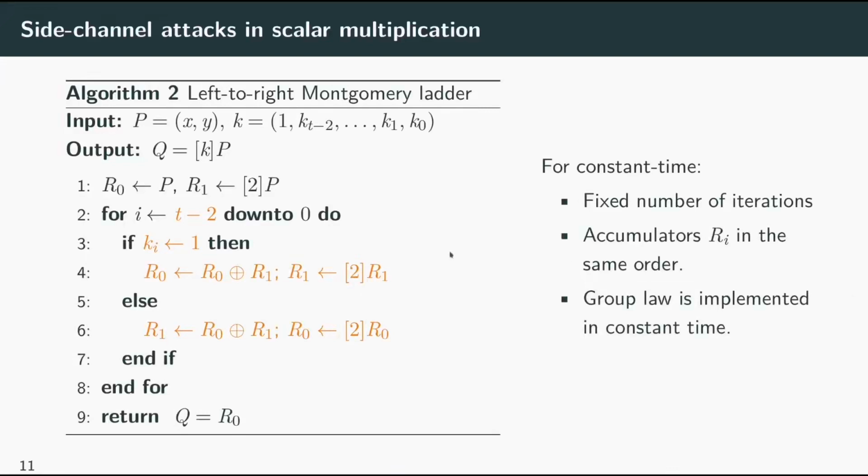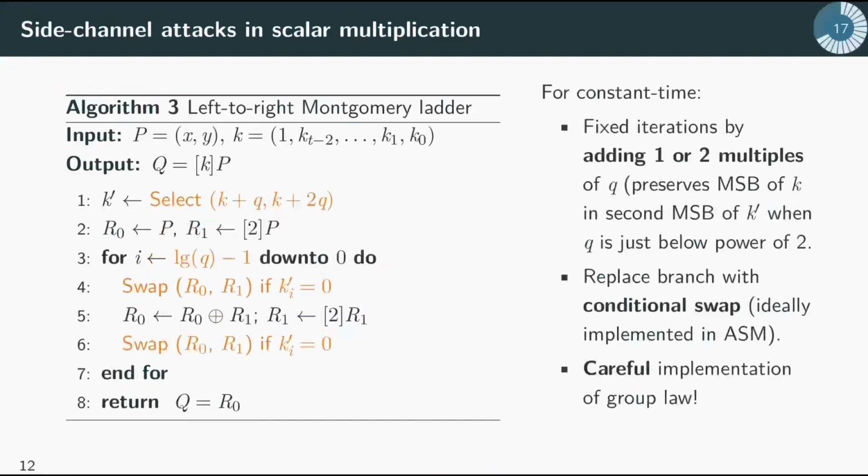Another problem with this algorithm, as it's presented here, is that the number of iterations of the loop varies with the magnitude of k. So we need to find a way to fix this number of iterations as well. A more protected version of this implementation can be seen in this slide.